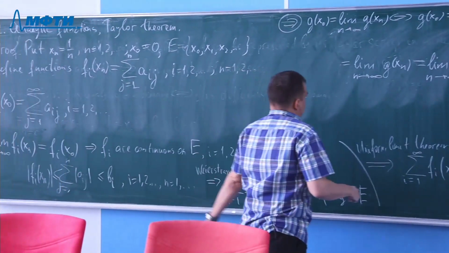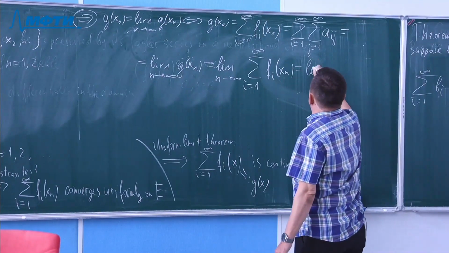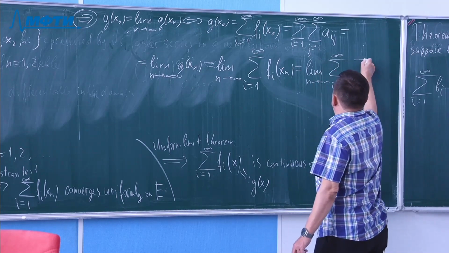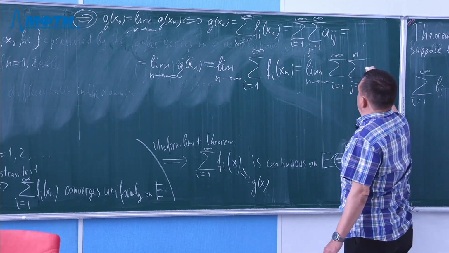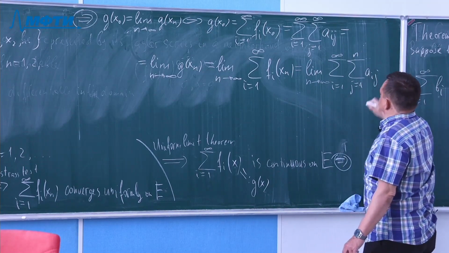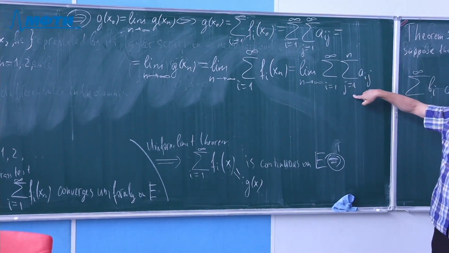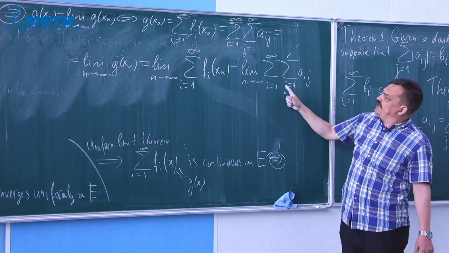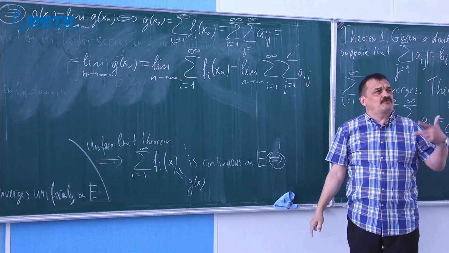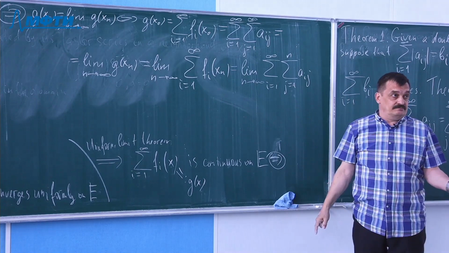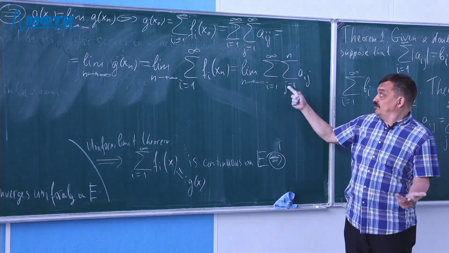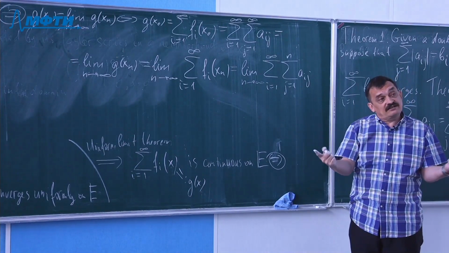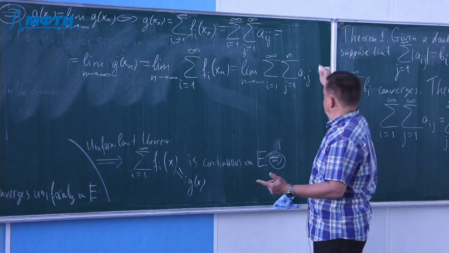Then what are f_i of x_n? They were defined here. Limit as n tends to infinity of the sum i from 1 up to infinity of the sum j from 1 up to n of a_ij. So here we have finitely many terms. We may consider it as a finite sum of series, because every term of this series is a finite sum. And if we have finitely many series, then we can change the order without any problem.